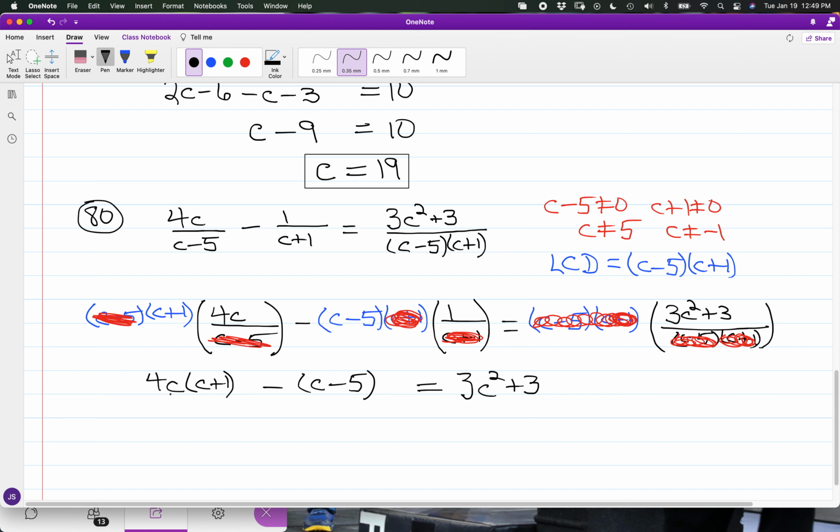And so looking at distributing, you have 4c times the quantity of c plus 1. This is going to be 4c squared plus 4c. And we have the next distribution, so you have minus c. Subtraction over negative 5 reverts to addition of 5.